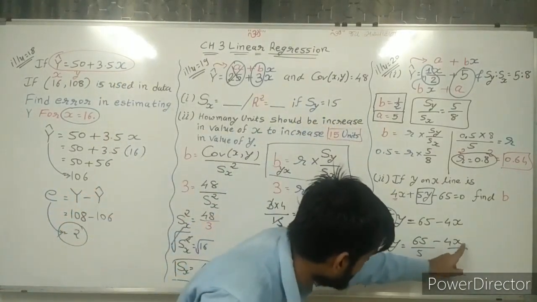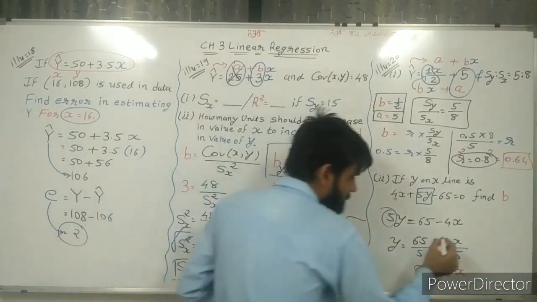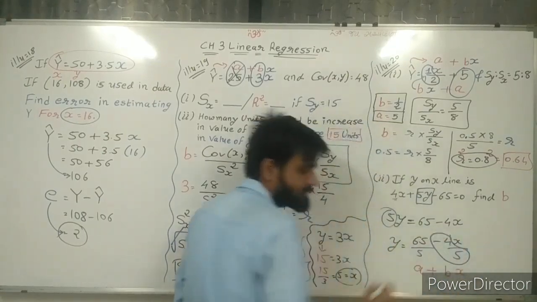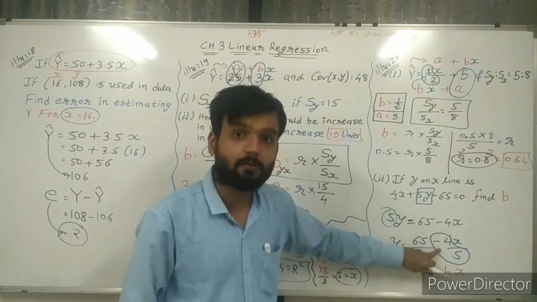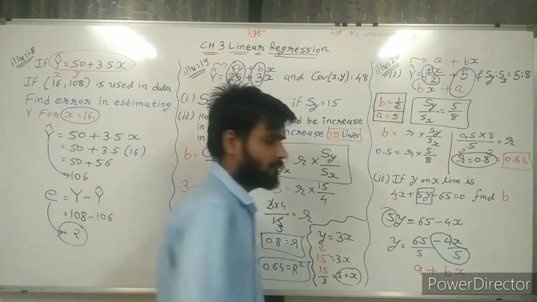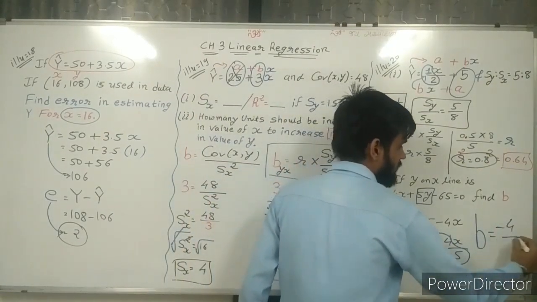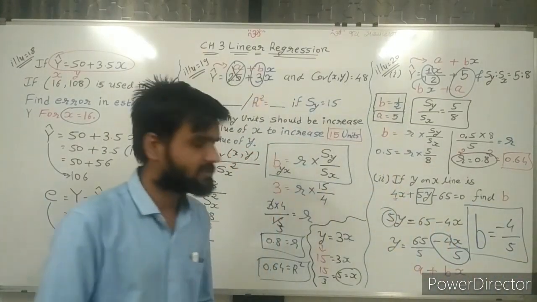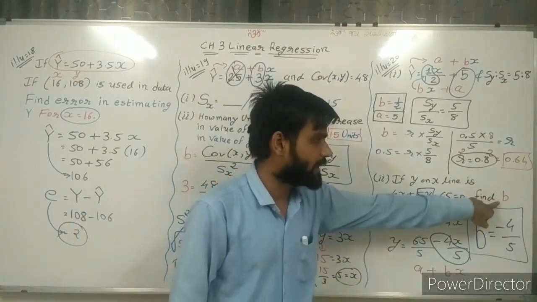Now see, what is with x? As a student, you make a mistake. You are not taking the sign. Here plus is given, here minus is given. So here b is equal to minus 4 by 5. This is the exact answer of b, which we needed to find.